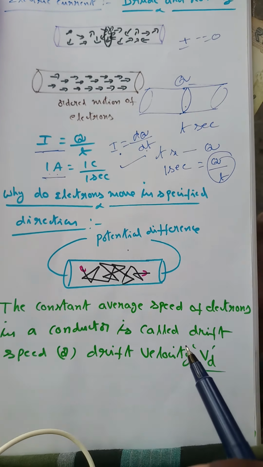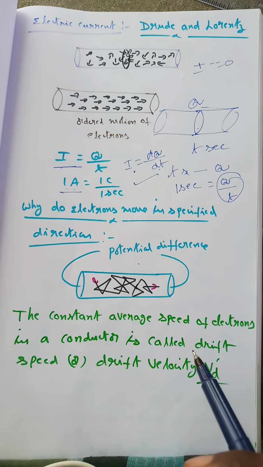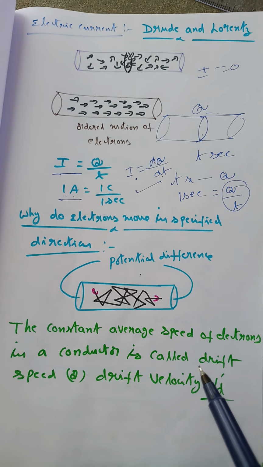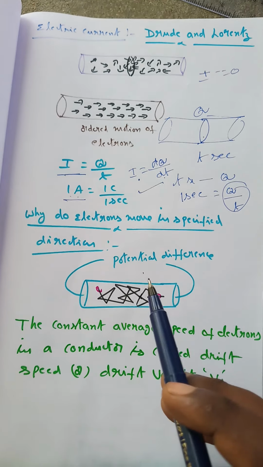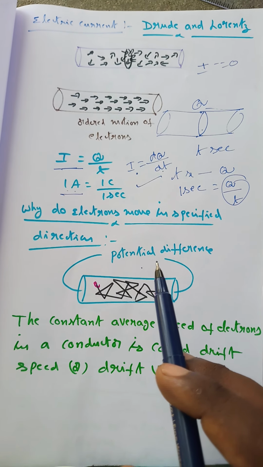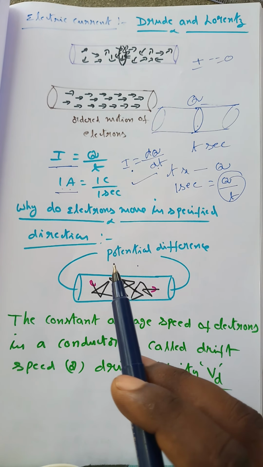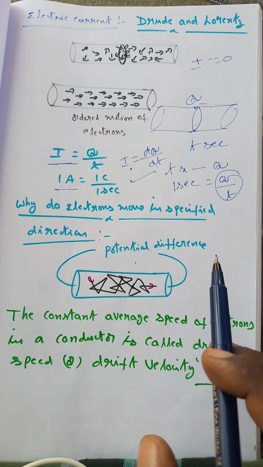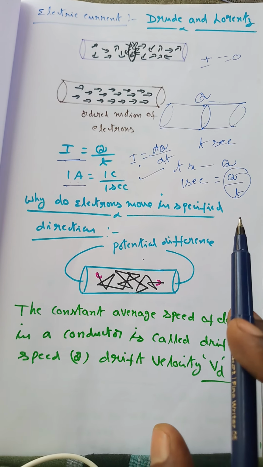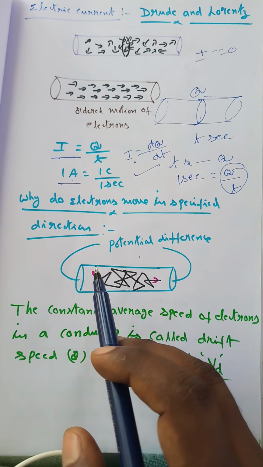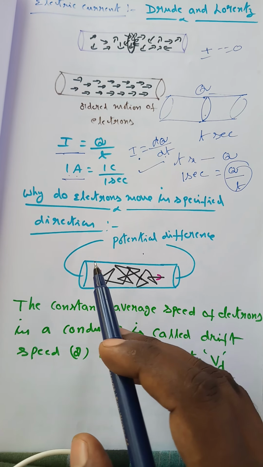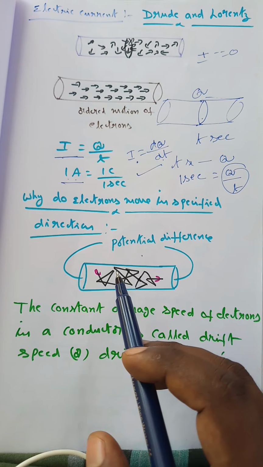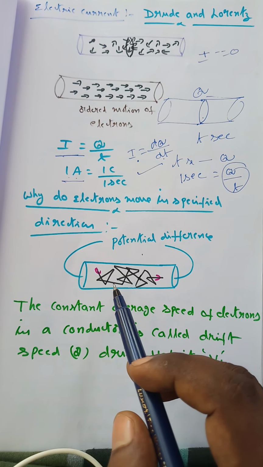Now let's see here. Do electrons move in a specified direction in a smooth way or not? A conductor consists of atoms.